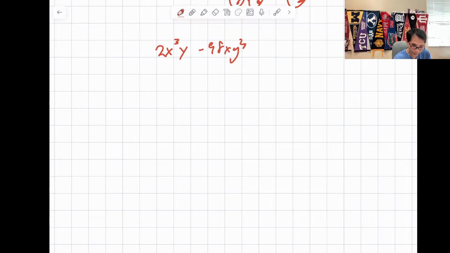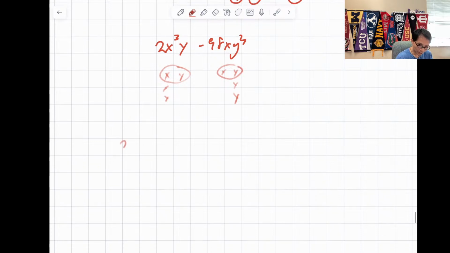This is x, x, x, y, and this is x, y, y, y. So they both have x, y, and both also have an even number. So 2xy is perfect. If I factor out 2xy, 2xy times what equals 2x cubed y?